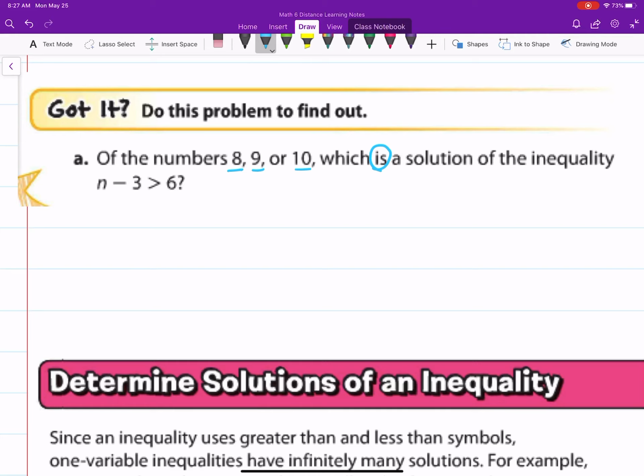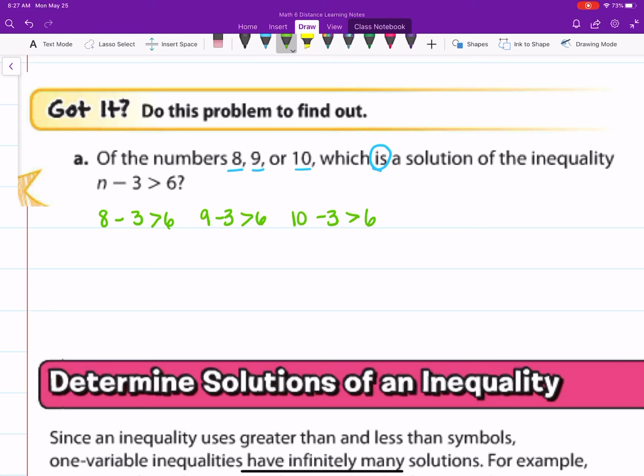Well, the easiest way would be to substitute in. All right, so I'm going to do 8 minus 3 greater than 6, 9 minus 3 greater than 6, and 10 minus 3 greater than, oops, not or equal to, greater than 6.